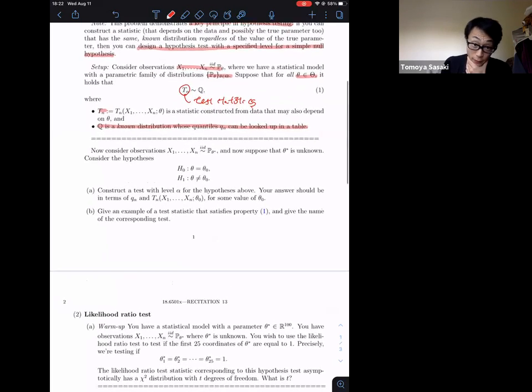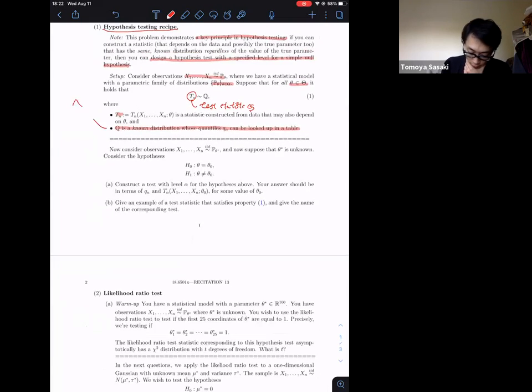It's going to be something like chi-square, for example, with some degrees of freedom k.